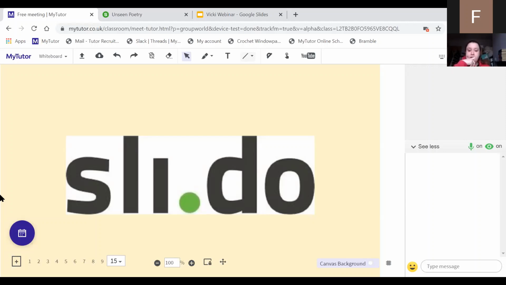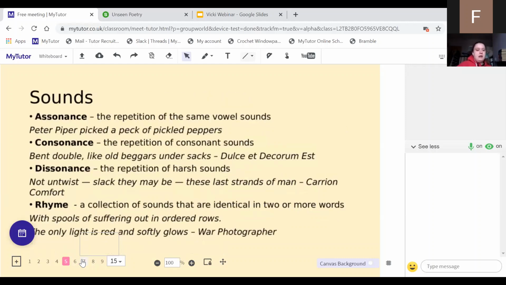success criteria for you. Right, sibilance and assonance. So let's flick back to assonance. Assonance is repetition of the same vowel sound. So we've got repetitions of two vowel sounds here: the E sound, so Peter, and the I, Piper. Peter Piper picked a peck of pickled peppers. So that's what assonance is.